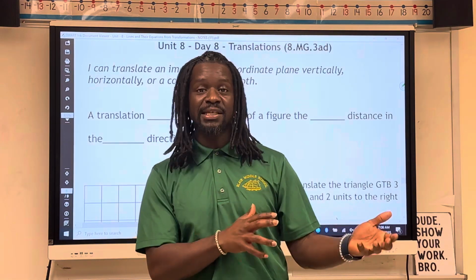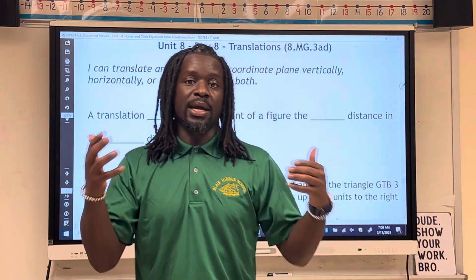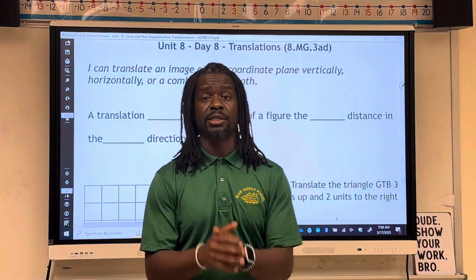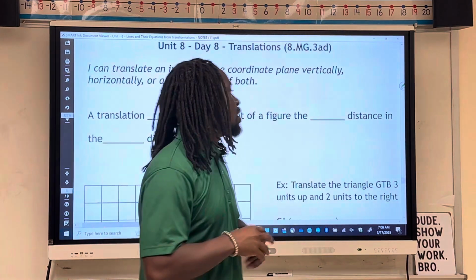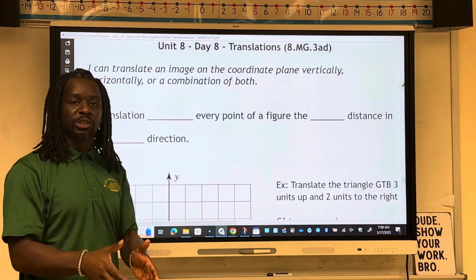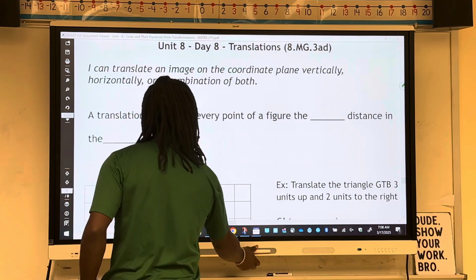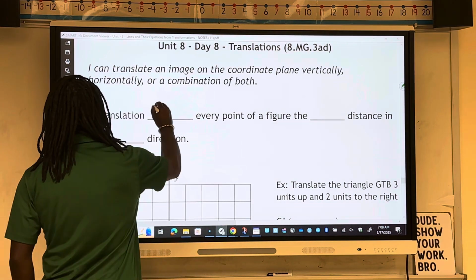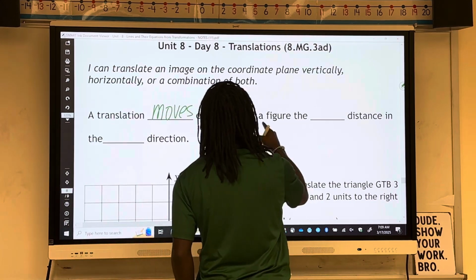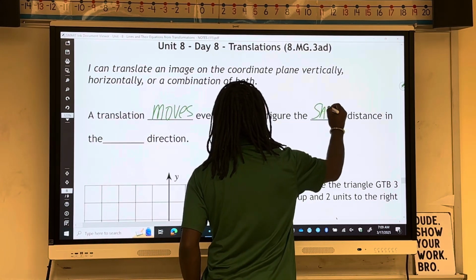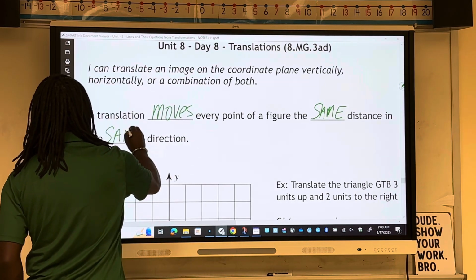In the last lesson, we had an intro on what transformations are. We learned that transformations are when images change, right? We are zooming in, and today we're just looking at translations. When a translation occurs, it moves every point of a figure the same distance in the same direction.